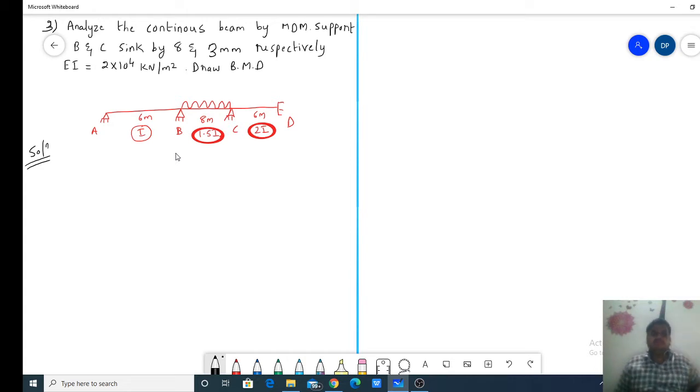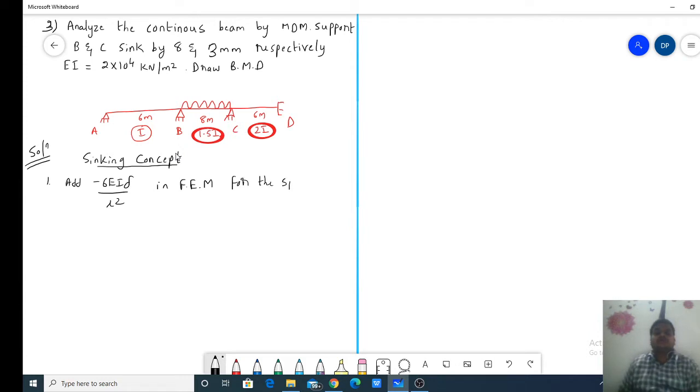Before trying to solve this, one thing you need to understand is the sinking concept in moment distribution method. Whenever the sinking concept is there, what you have to do is add minus 6 EI delta upon L square in the fixed end moment for the spans in which supports are sinking.